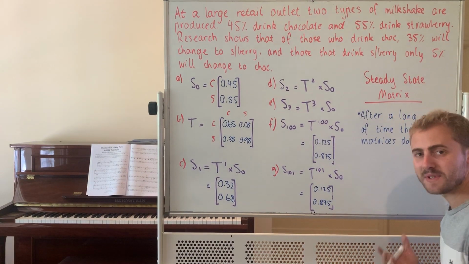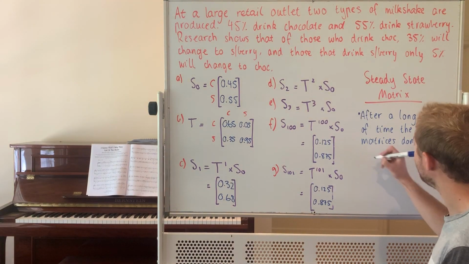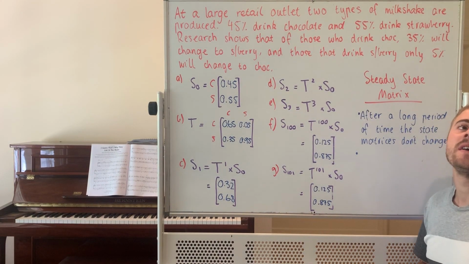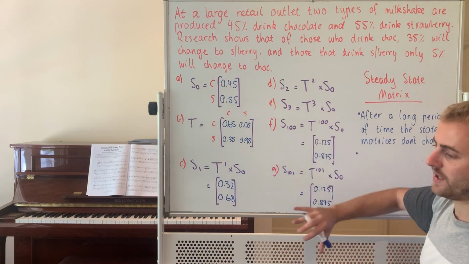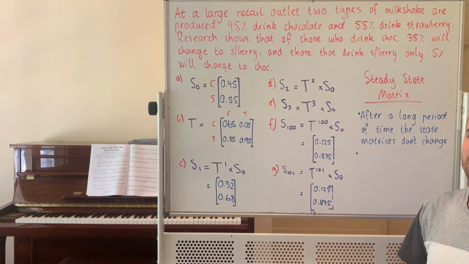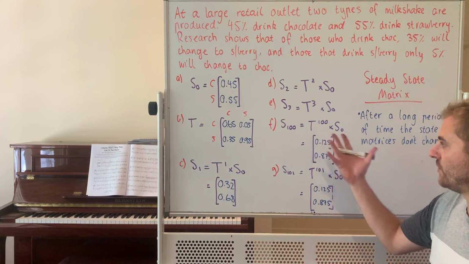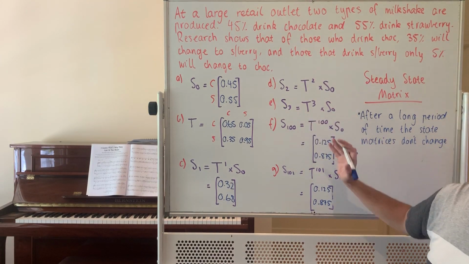So after a long period of time, the state matrices don't change. So they get to a point where they just stop. If you ever have a question which asks you for what is the steady state matrix, it might not say 100 and 101, it might just ask for the steady state matrix. What you need to do is pretty much make up a big number, it could be 100, it could be 1,000, doesn't really matter, and you put your transition matrix to that power.